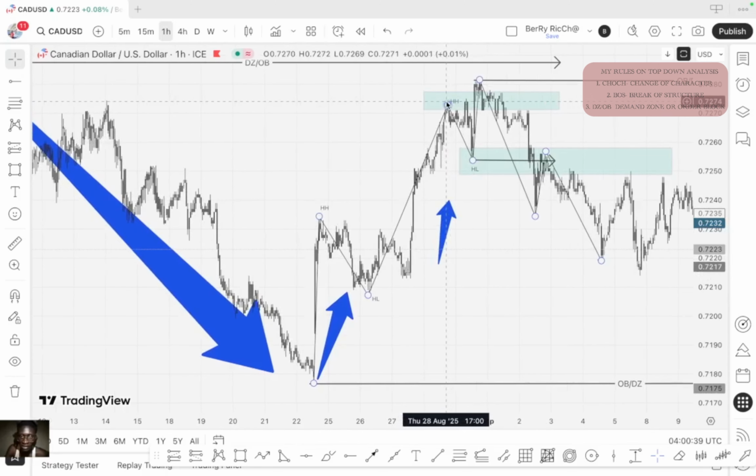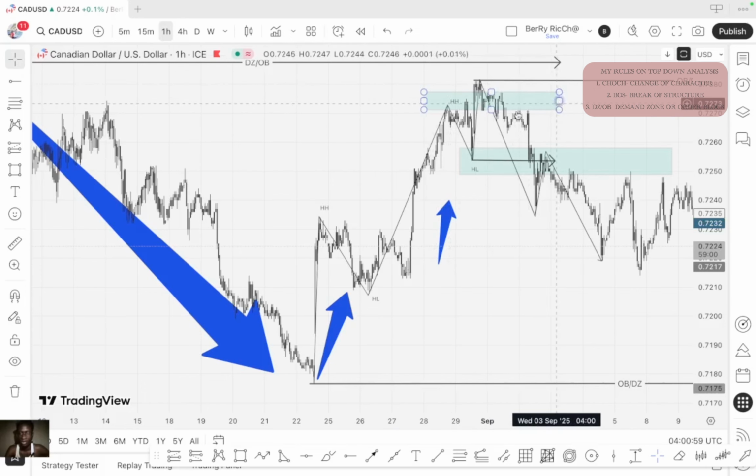Where I have indicated HH, it means high, but you can draw the box here to define the support and resistance. You get me, right?